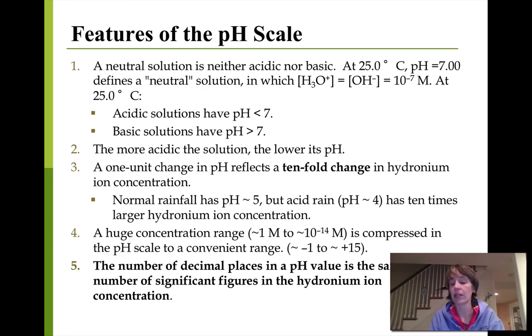So regardless of your placeholders, if you've got 0.0000567 molarity hydronium ion concentration, you would have 3 decimal places in the pH representation of that hydronium ion concentration. Because the first number of the pH, the 5 or the 6, is really almost like a placeholder. That corresponds to how many zeros there are in your concentration. So that doesn't really give you a sense of how accurate the number is.